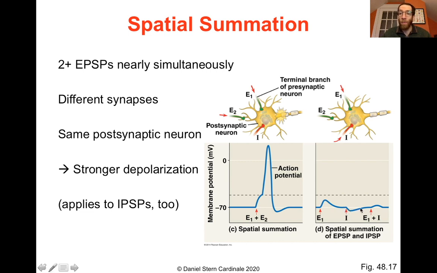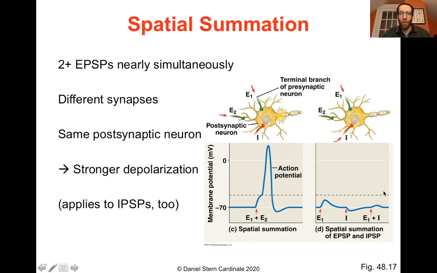So if you add them together, you have one signal coming from here, and another signal that is antagonistic coming from down here. You put them together and you have decreased the magnitude of that depolarization. It's still a net depolarization, but it's weaker, and therefore it's less likely to interact with other depolarizations to trigger an action potential.